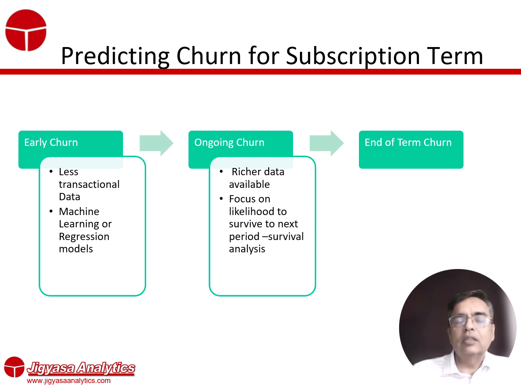And so what we will see is that the behavior becomes more important in the models, and who they are still matters, but less so. And the focus of all modeling here is given they have been customers, say, for this week or this month, how likely they are to survive to the next month.